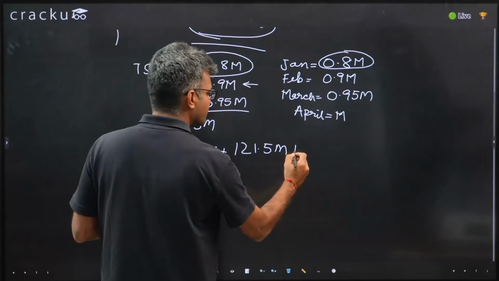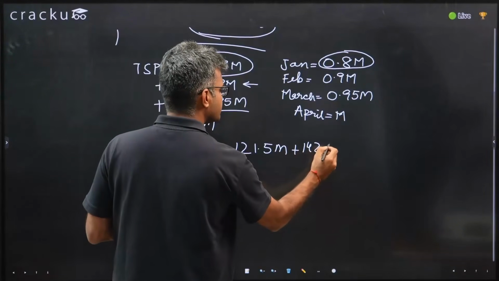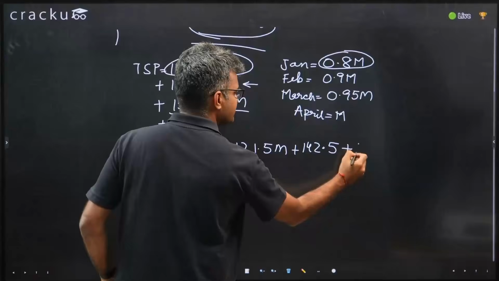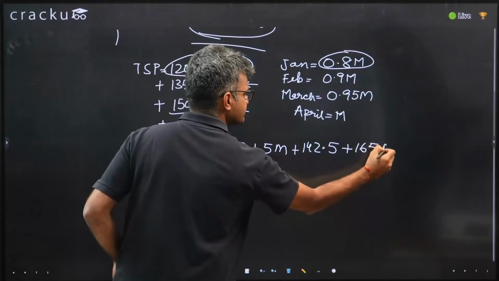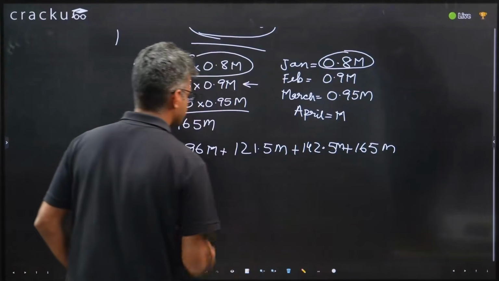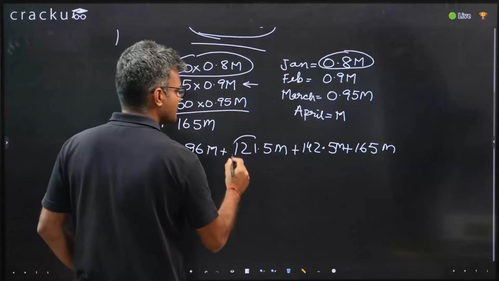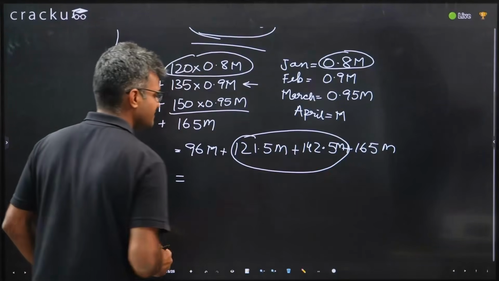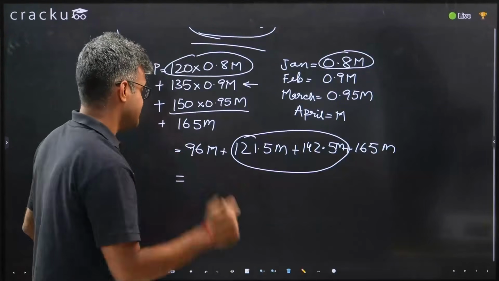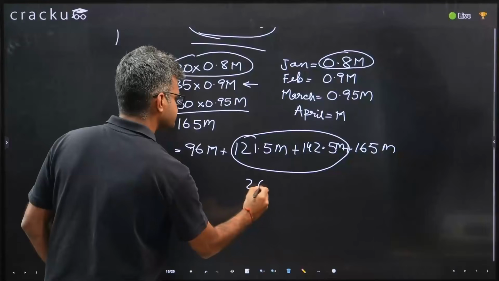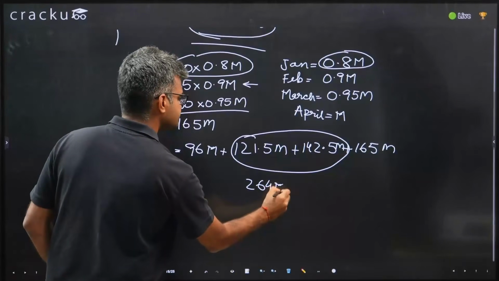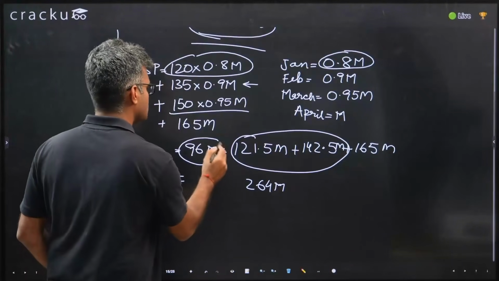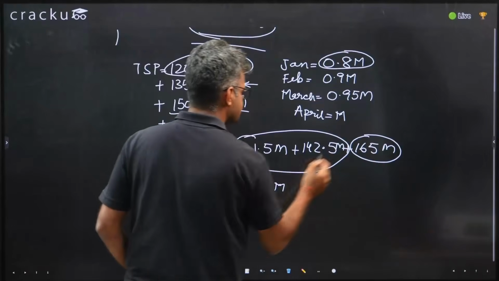That will be 142.5M, plus 165M. This is the total selling price. What is the sum of these two? You can add them up. This will be 264M. And the sum of these two is 261M.